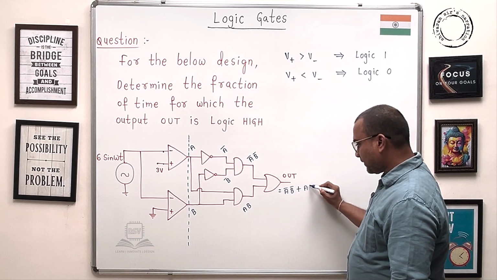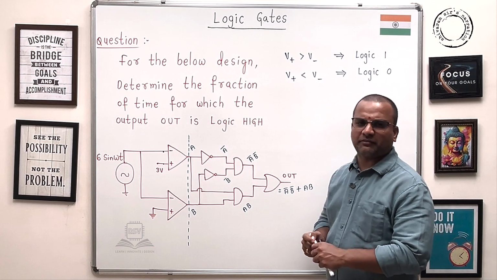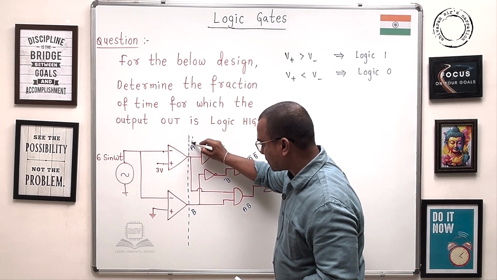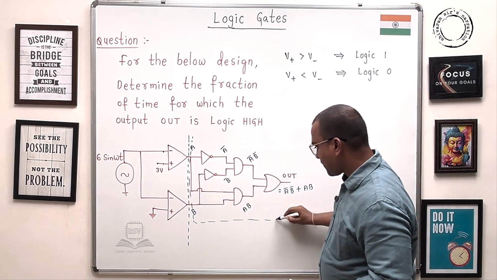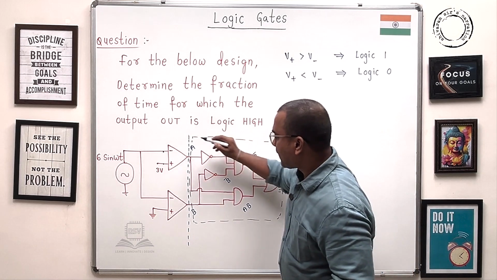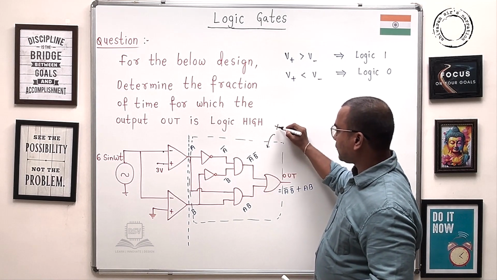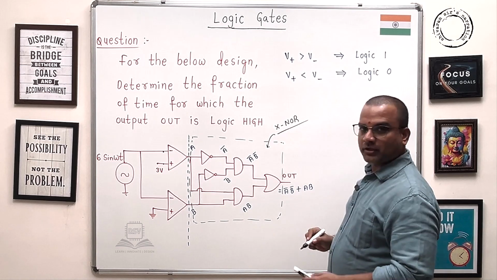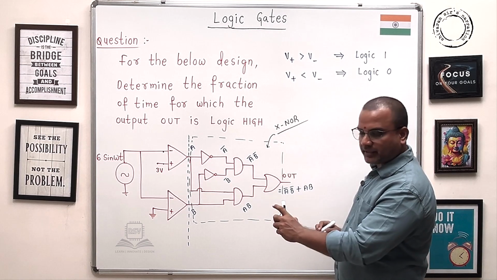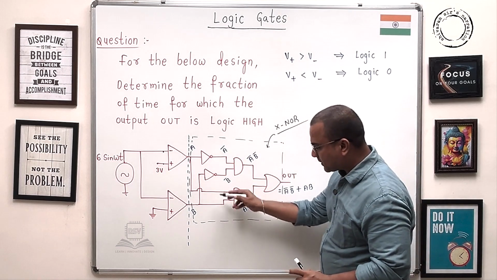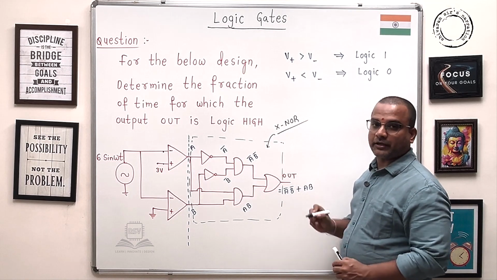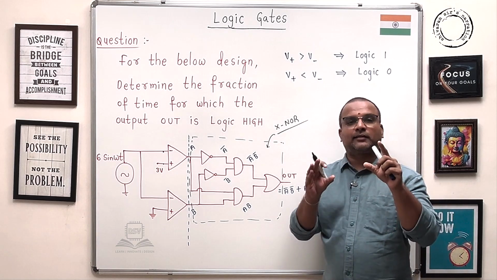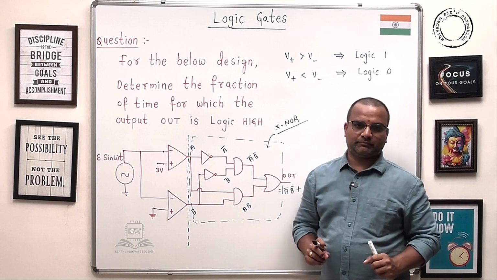That means in simple language this portion is simply an XNOR gate. So you can take the entire design and in place of this you can take an XNOR gate, so that you can land on the answer very easily.